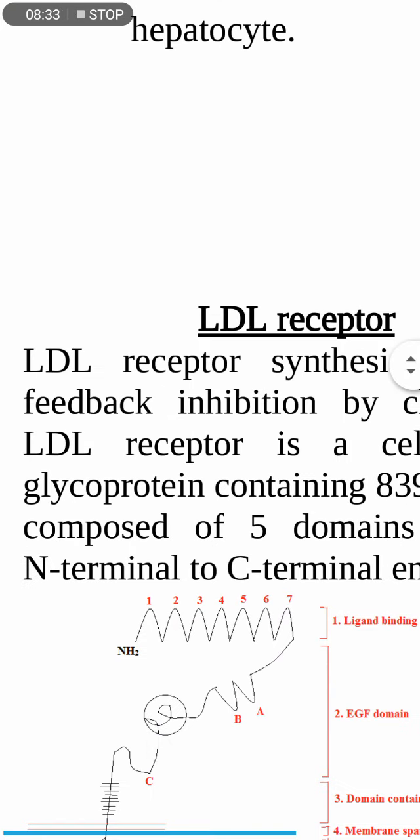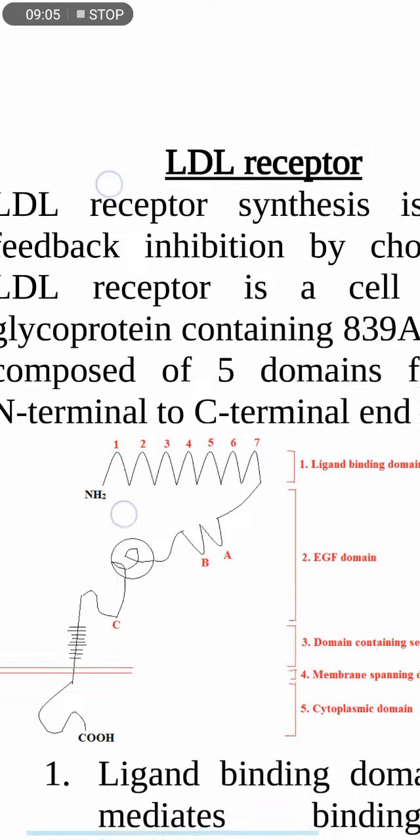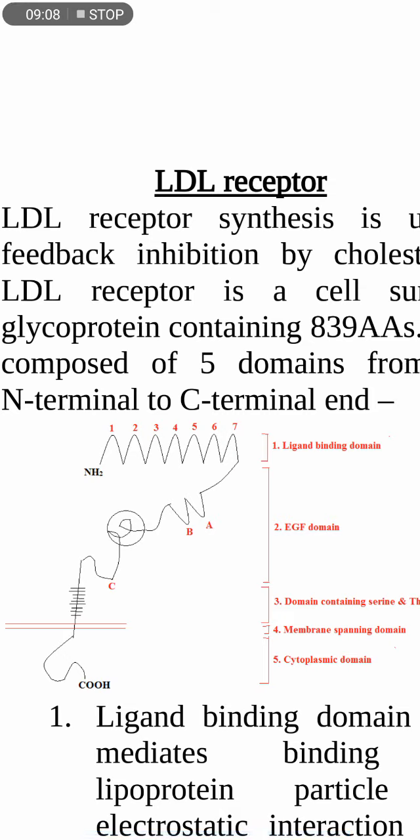Then you have to know the structure of the LDL receptor. Why? Because we need to understand how it recognizes ApoB100, and why the ApoB100 molecule is recognized by the LDL receptor, not just the ApoE molecule. The LDL receptor is a glycoprotein molecule.